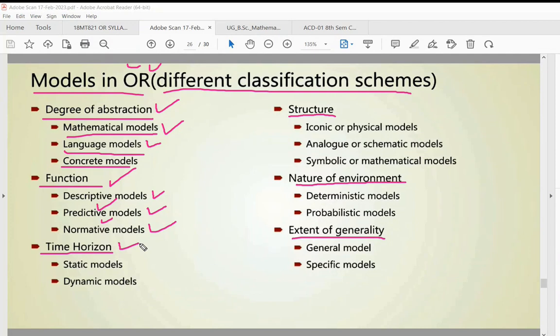That itself is called static models. If time is specified, if I allocated 30 minutes, 1 hour, 1 day, that is static modeling. But if I don't know, something went wrong in a system, that is called dynamic models. Those types of models we can also consider.